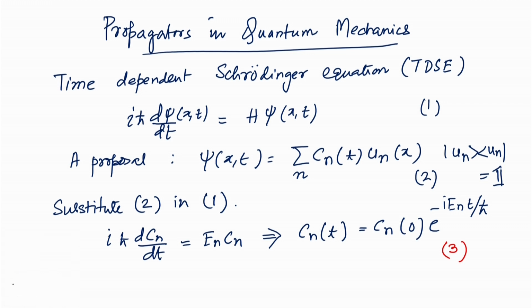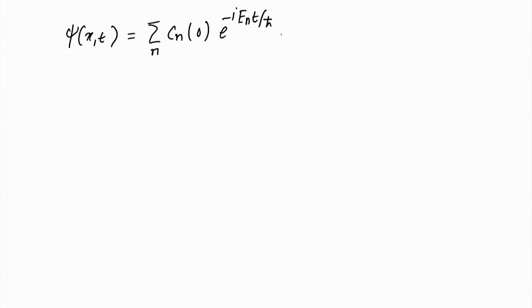and then this equation 3, if it is substituted in equation 2, then we shall have psi of x t written as C n of 0 exponential minus i E n t over h cross and u n of x.